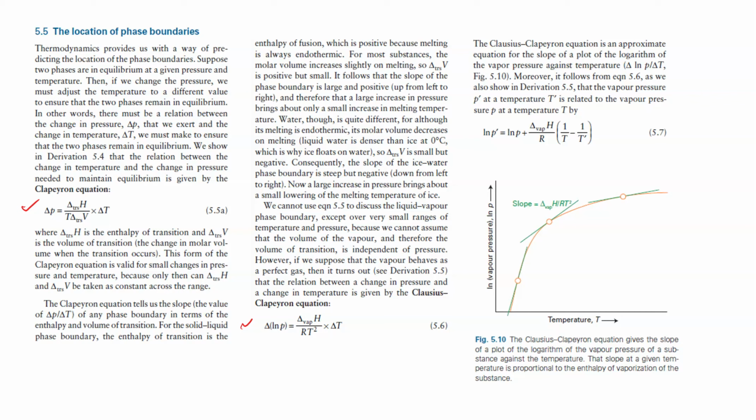So the Clausius-Clapeyron equation is an approximate equation for the slope of a plot of the logarithm of vapor pressure against temperature.